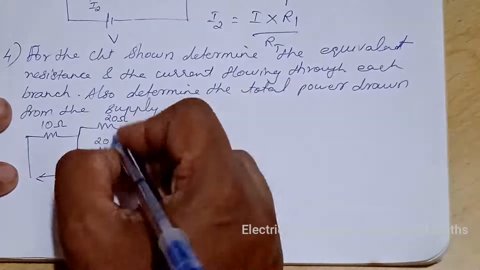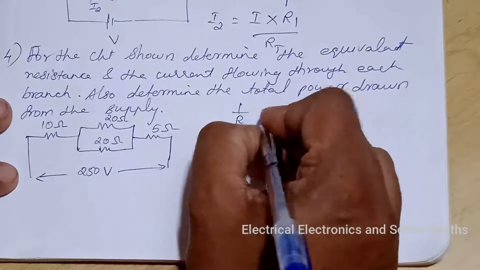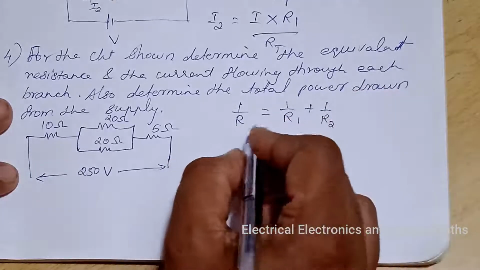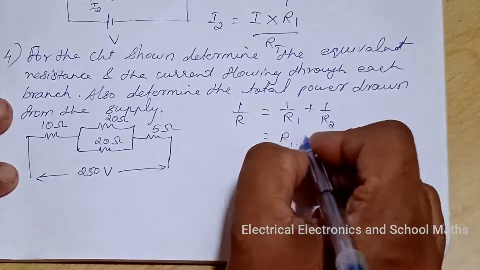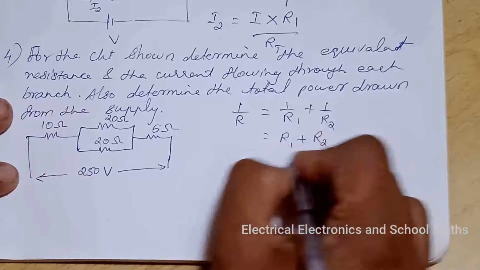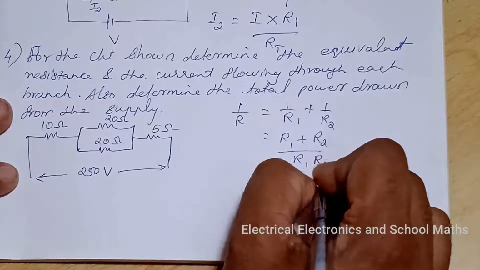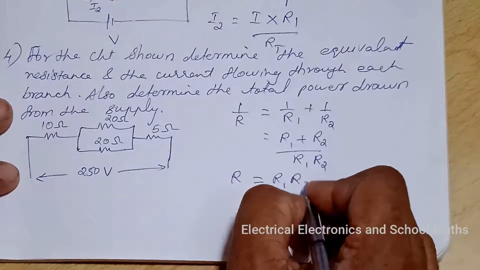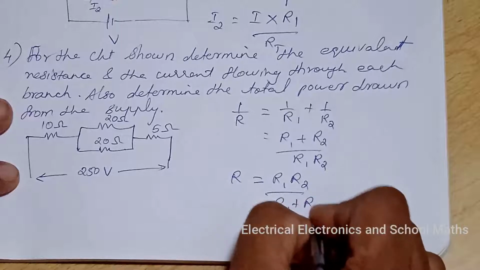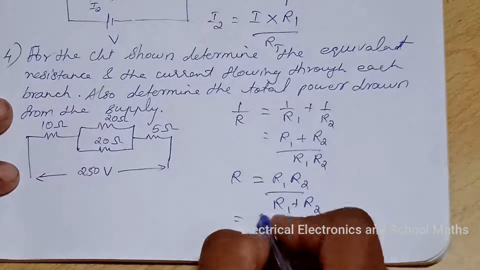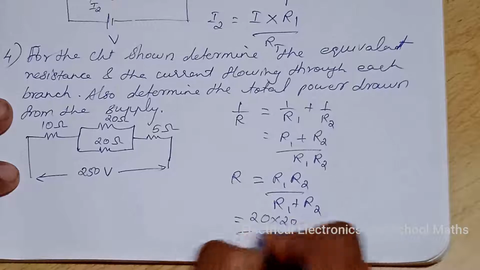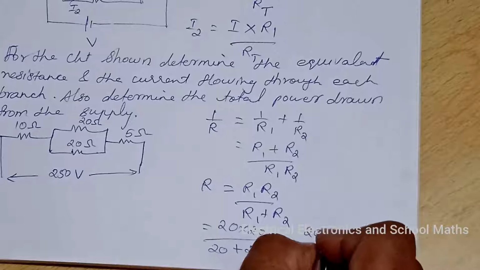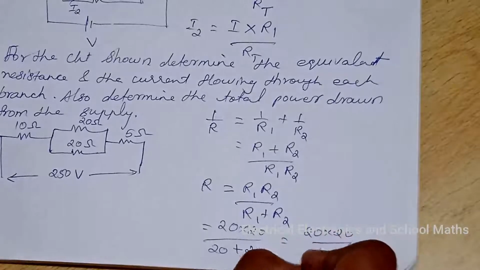That is, when two resistors are connected in parallel, we can write 1 by R is equal to 1 by R1 plus 1 by R2, or R1 plus R2 divided by R1 R2, and the effective resistance R is equal to R1 R2 divided by R1 plus R2. So here 20 into 20 divided by 20 plus 20, that is 20 into 20 divided by 40.